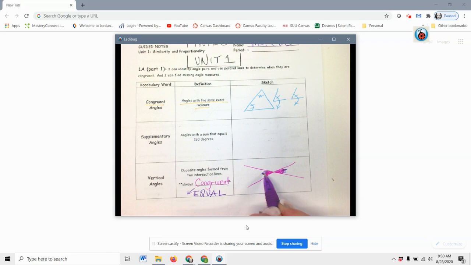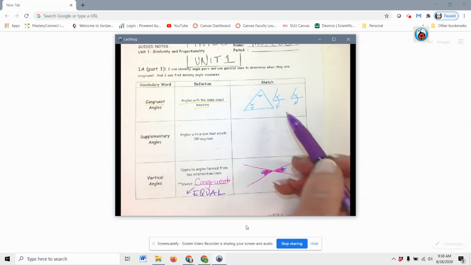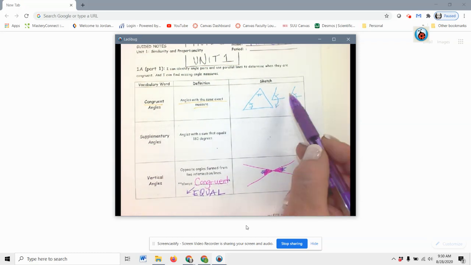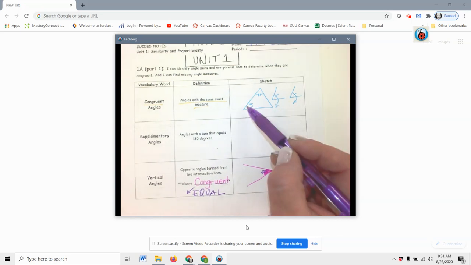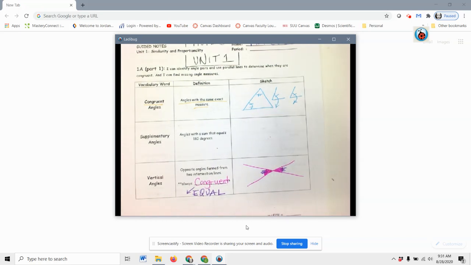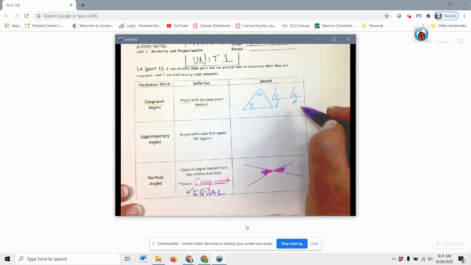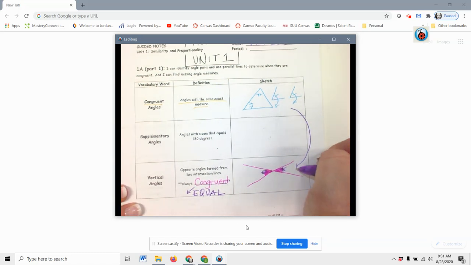When there's three little ticks here and three little ticks here, we know that these match each other. I chose 3 because up here I've got 1 for a congruent mark on these and 2 on these, okay? So remember that here's a couple of examples where angles are congruent, but here's another one.